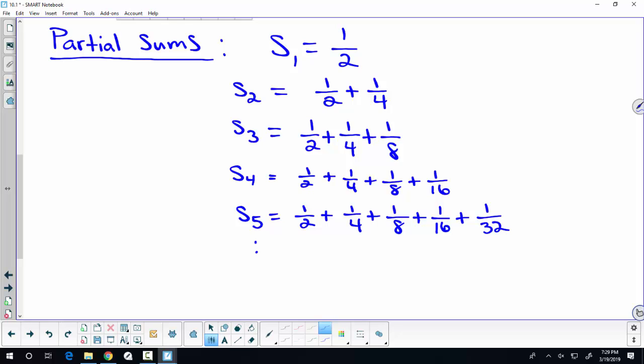We could continue in this manner to look at the 100th partial sum if we wanted to.